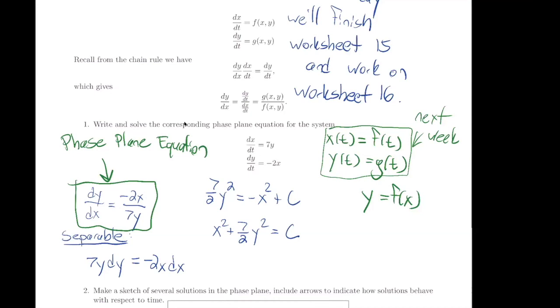And after we find the phase plane equation, it's a first order differential equation. So if that equation happens to be separable or linear, then we know how to solve these. We might get some that we don't have techniques to solve just yet.